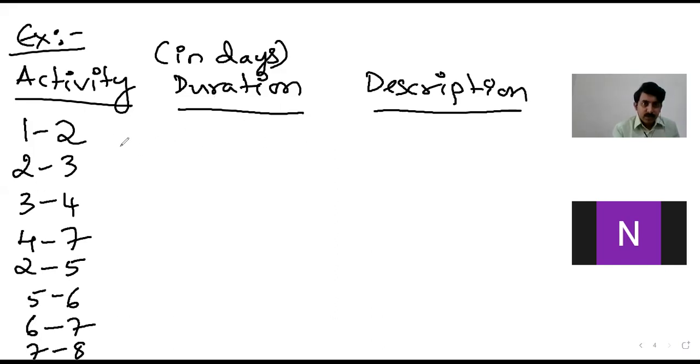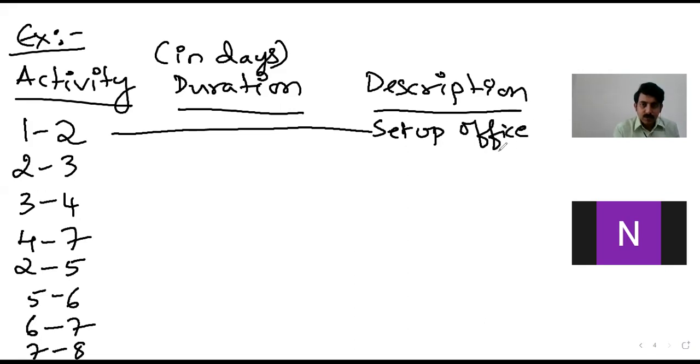So we'll write the description first. The description can be: first is setup office. Second activity can be hire employees.